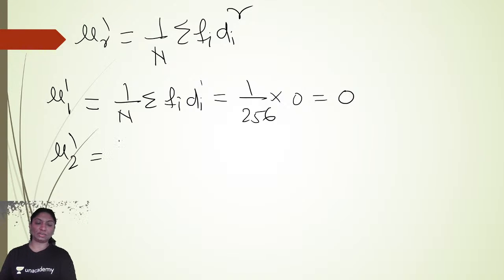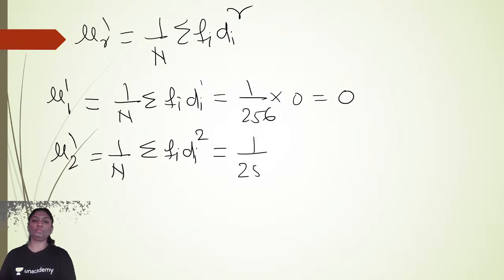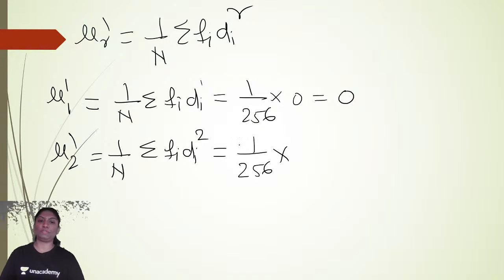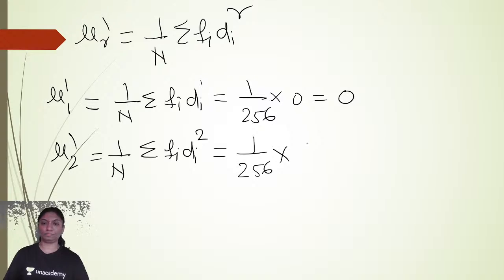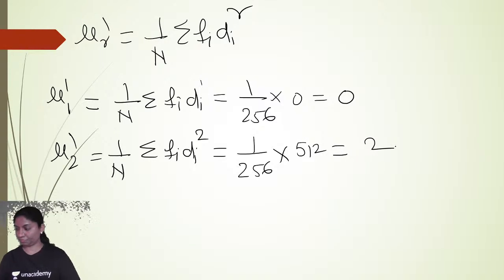Mu2 dash is equal to 1 upon n summation of fi di raised to 2, 1 upon 256 into summation of fi di square. So summation of fi di square is 512, which is equal to 2. Right?